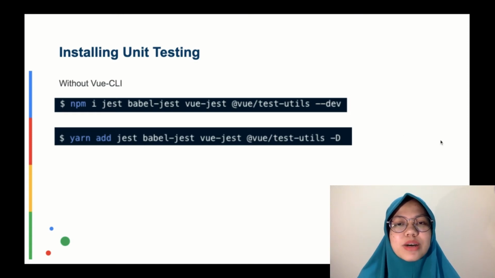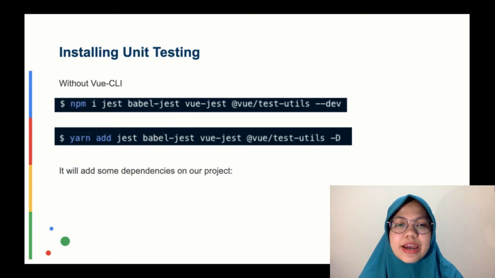Even though my title is about unit testing on Nuxt.js, Nuxt.js is a framework that is built on Vue.js. That's why the unit test is done on Vue component. So we run the installation to get the unit test for Vue component. This command will add some dependencies on our project, which are Jest, Babel.js, Vue.js, and etc.